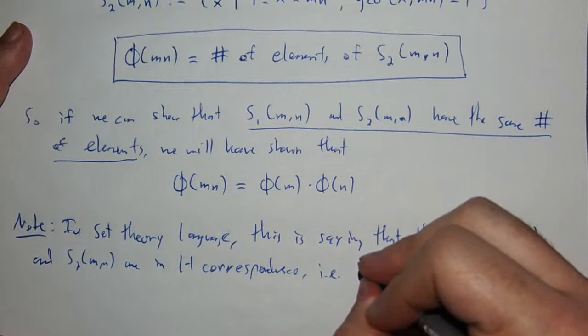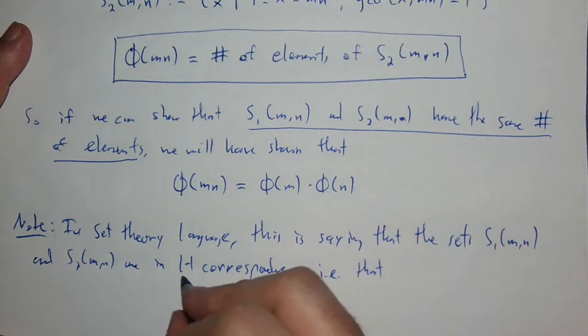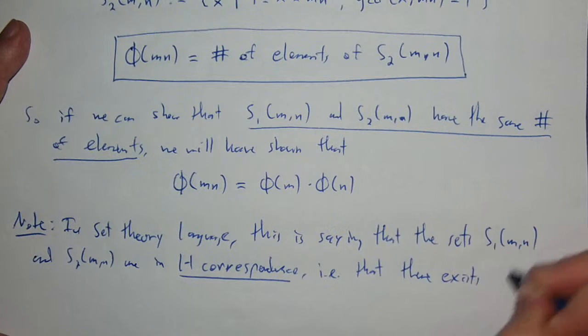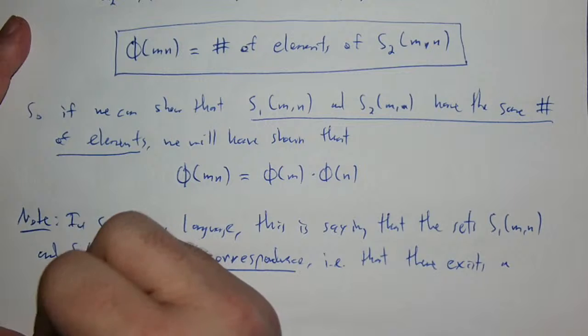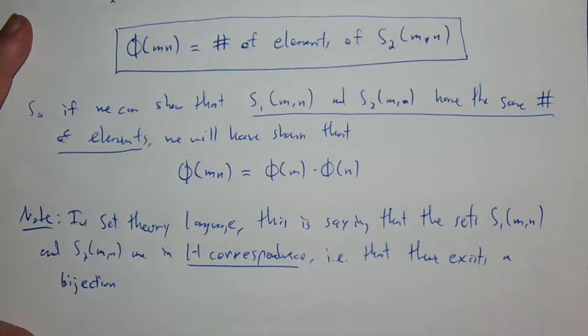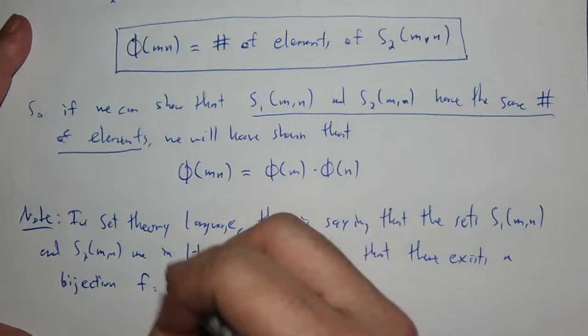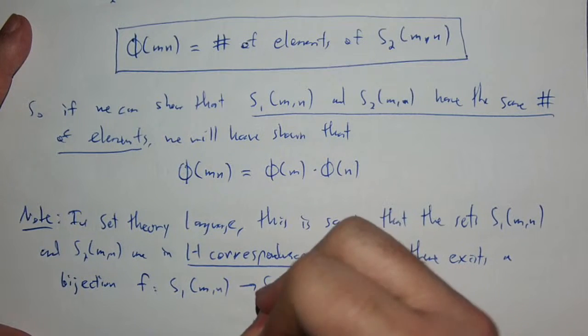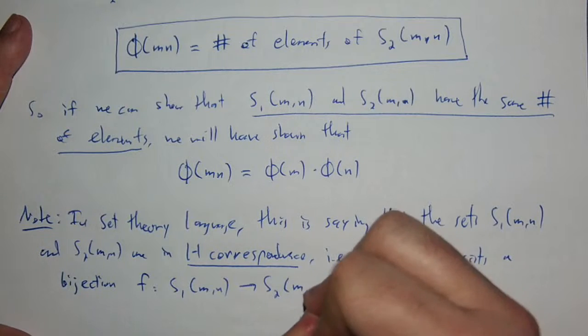i.e. that, what does this mean? That there exists a bijection. I'll use the letter F between the two sets.